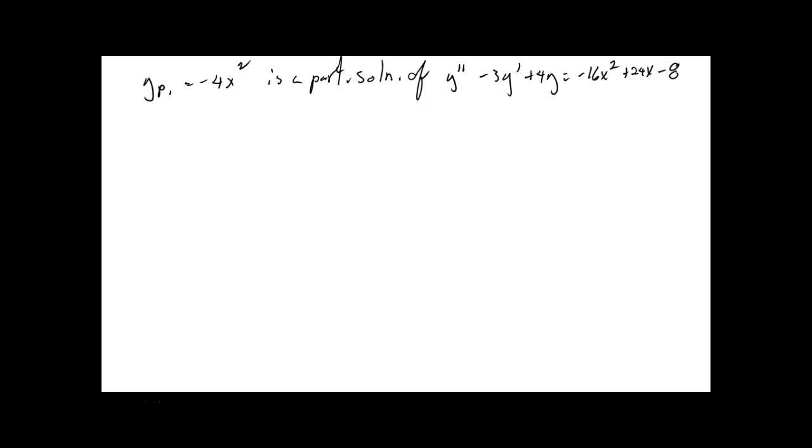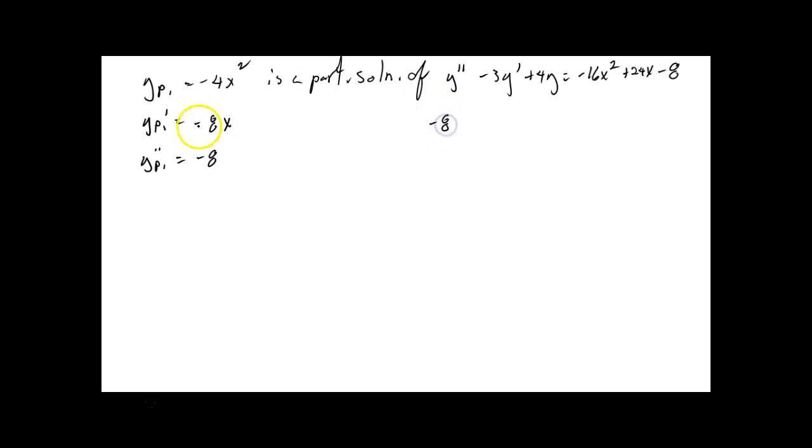All right? Well, we need to verify it. So what we'll do is do a y p1 prime. That would be equal to 2 times minus 4x, which is minus 8x. And yp1 double prime is equal to minus 8. Okay? So let's plug those in.